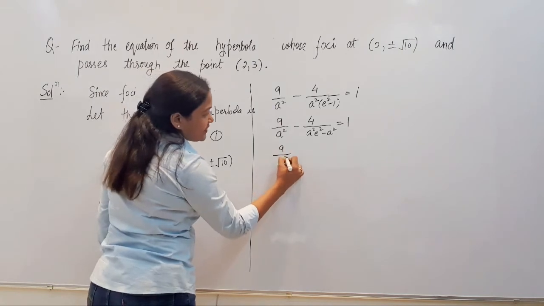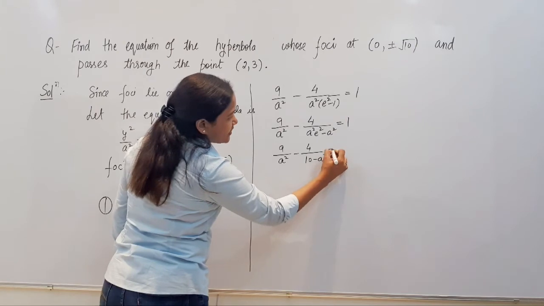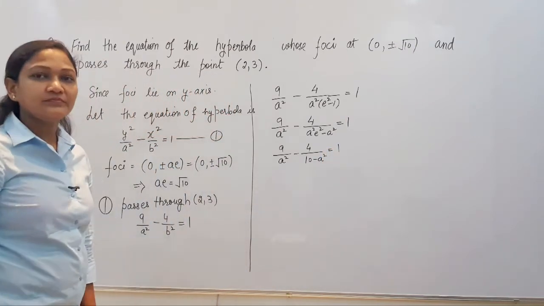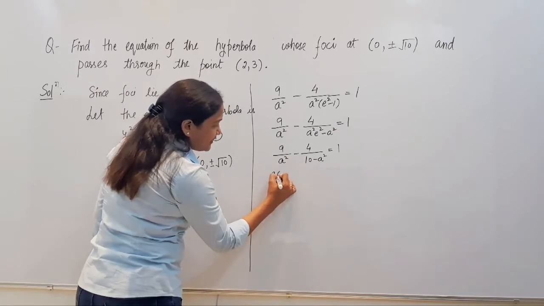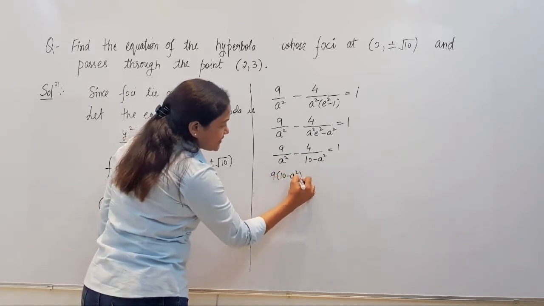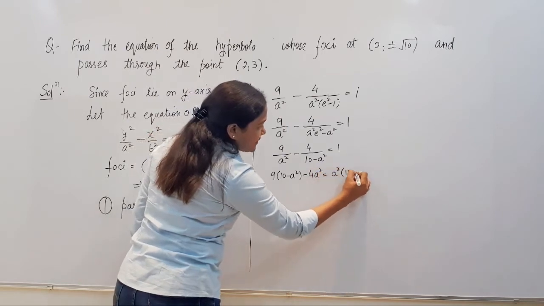So 9 upon a square minus 4 upon 10 minus a square is equal to 1, and by taking LCM we are getting 9 into 10 minus a square minus 4a square is equal to a square into 10 minus a square.